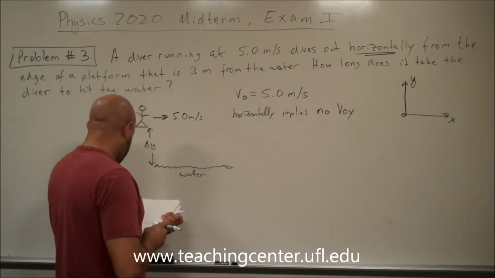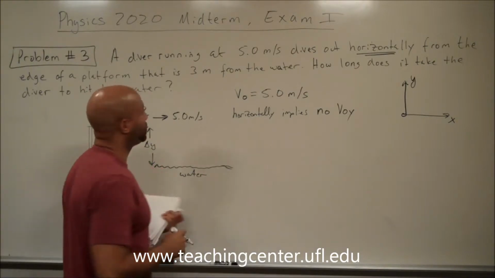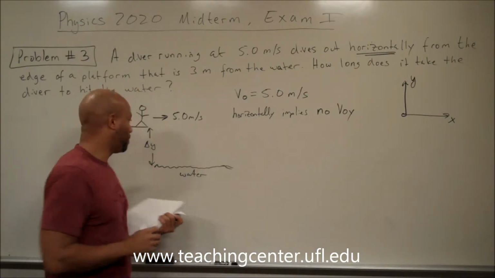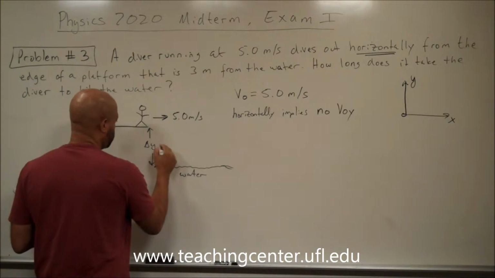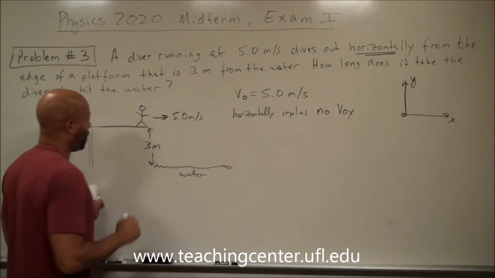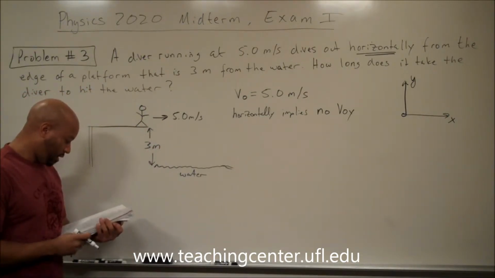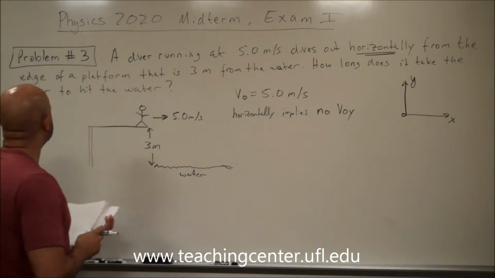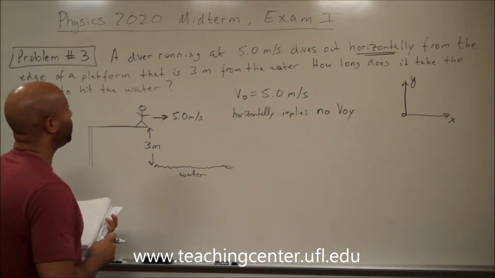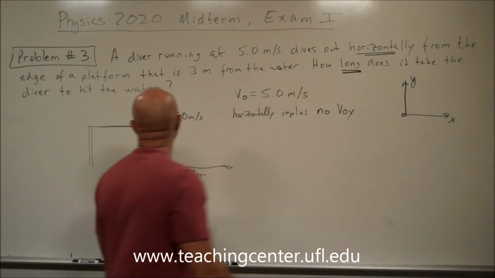Okay? That also tells us that the platform is 3 meters from the water, so the distance between the water and the platform is 3 meters. And it asks us to find how long does it take the diver to hit the water.